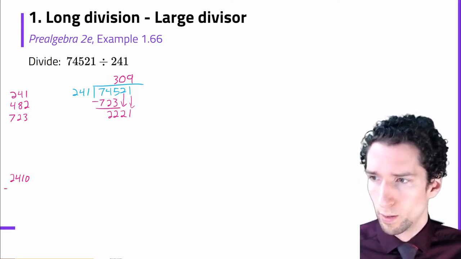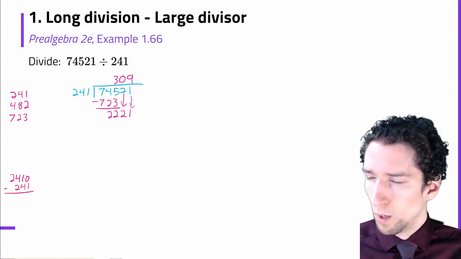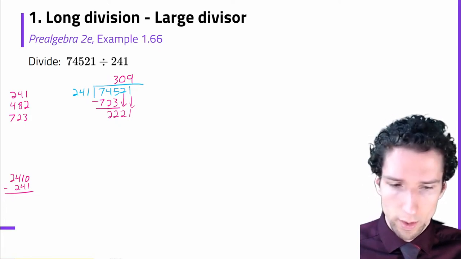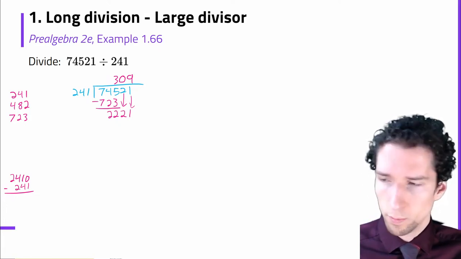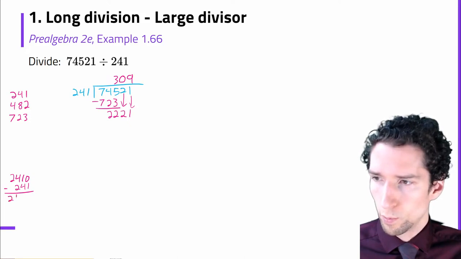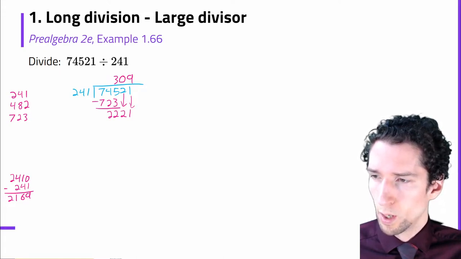So minus 2, 4, 1. All right. So if we subtract this out, then our result will be 2,169. Let's double check. 9 and 0 and 4, 6 plus the 1, 1, and there.